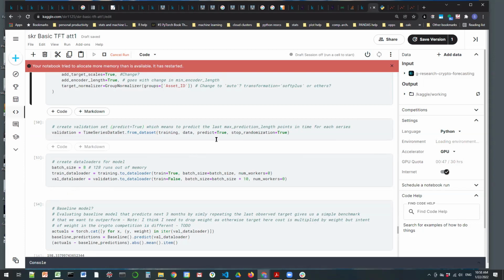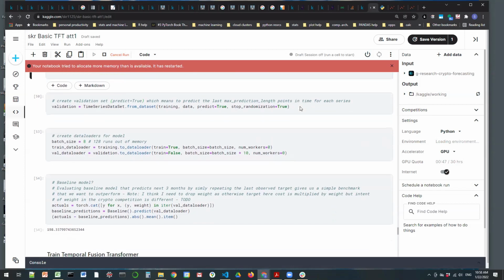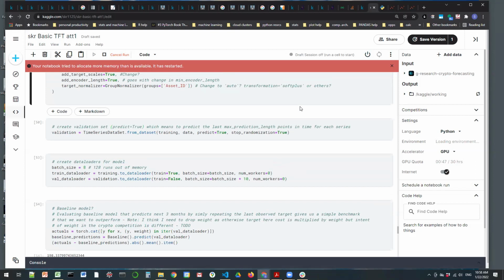So I dropped the training data to only use January to June 2021, and then predict 3 months. That didn't work either. So I said, forget it, I'll try and predict 1 month and use 6 months of data. That didn't work either. And then I started reducing batch size. That didn't work either.